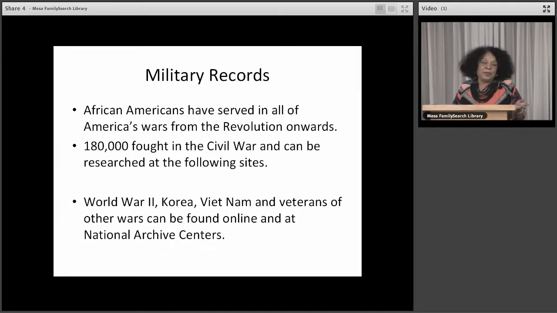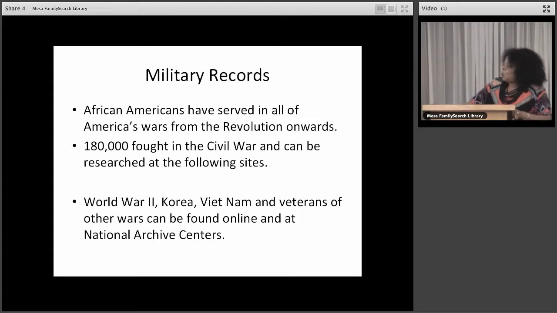The army for our side was mostly composed of freed slaves, Creoles, Native Americans. 180,000 African Americans fought in the Civil War. About a third of them were killed. World War II, World War I, all the way through.